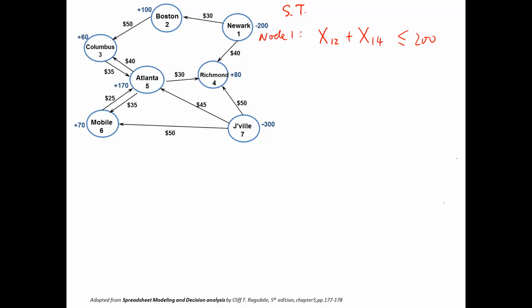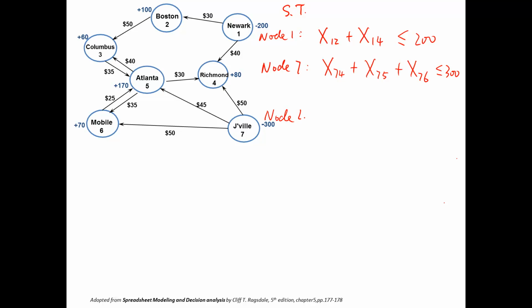And we'll do the same for node 7, which is another supply node. Node 7: x74 plus x75 plus x76 less than or equal to 300. Okay, so these are the supply nodes. Now I'll start from here. Then I'll write here.